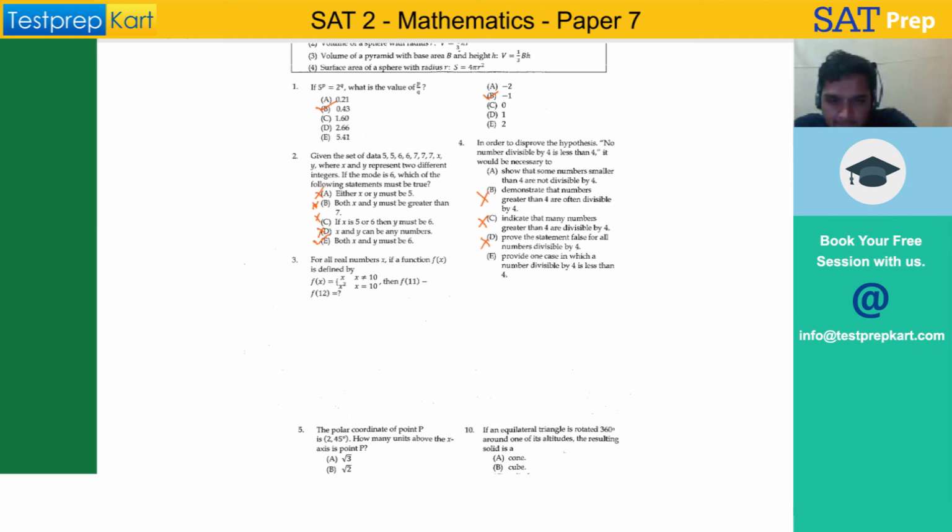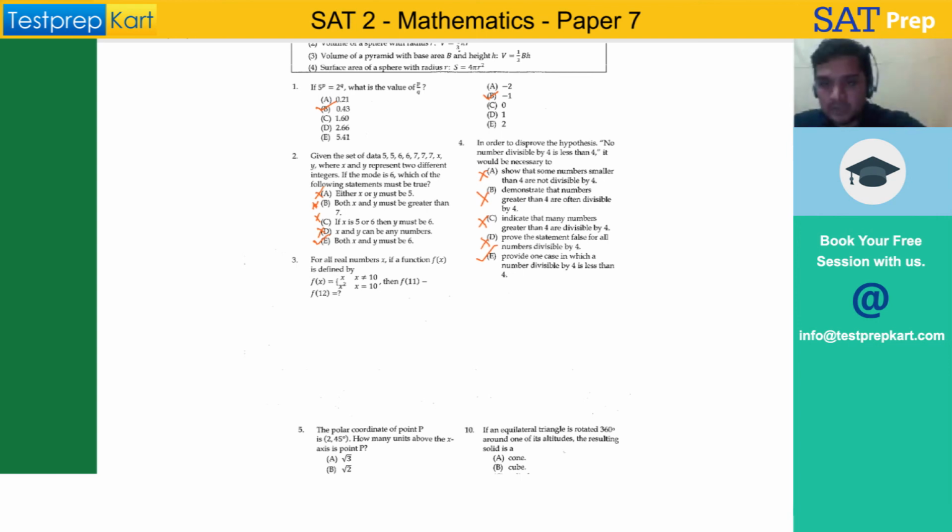So in this case, A and E show that some numbers smaller than 4 are not divisible by 4 and provide some case in which a number divisible by 4 is less than 4. So E is correct. If we have even one number that is less than 4 and divisible by 4, then it disproves this hypothesis. So E is the correct choice.